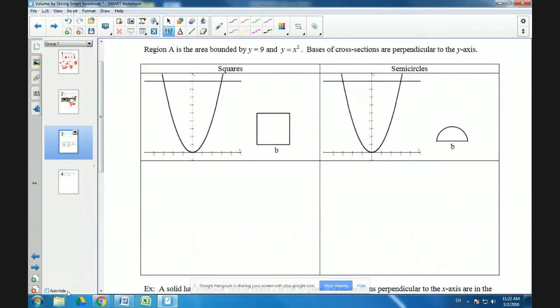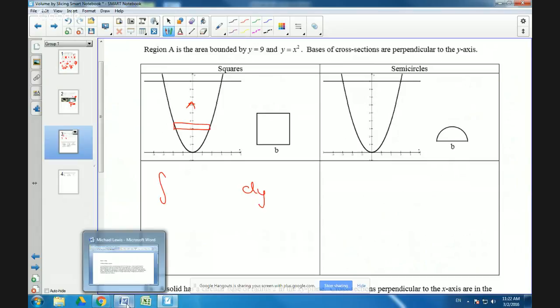Region A is the area bounded by y equals 9 and y equals x squared. The bases of cross sections are perpendicular to the y axis. And now we're dy.